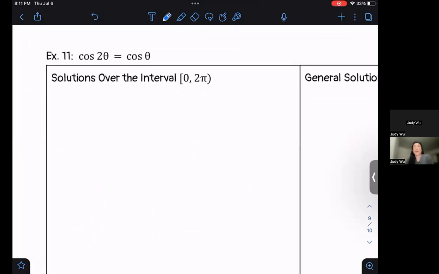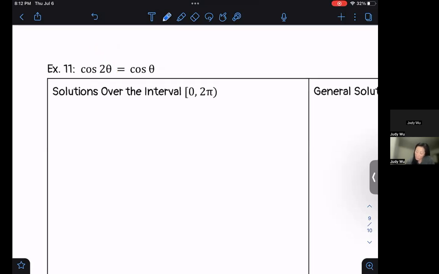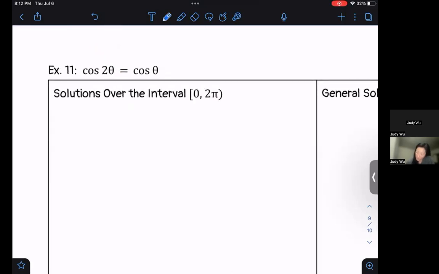So 11, I notice that they all have cosines, but nothing's squared. So I can't necessarily think about this as a quadratic situation, okay? But one thing I do notice is that I have a cosine double angle, all right? And so it might be useful for us to remember that the double angle for cosine actually has 3 options, right?